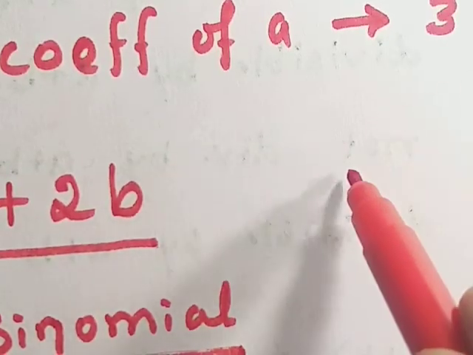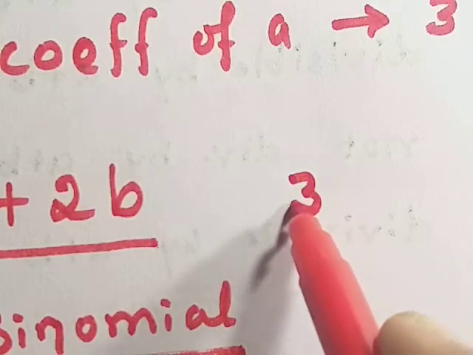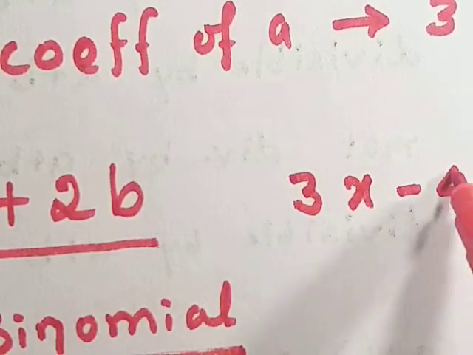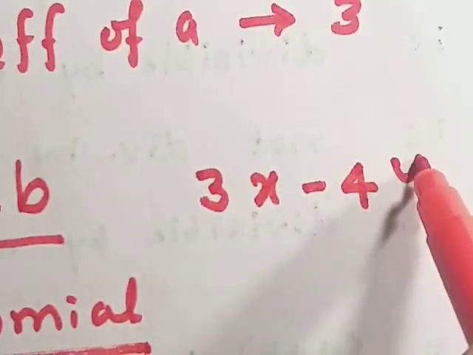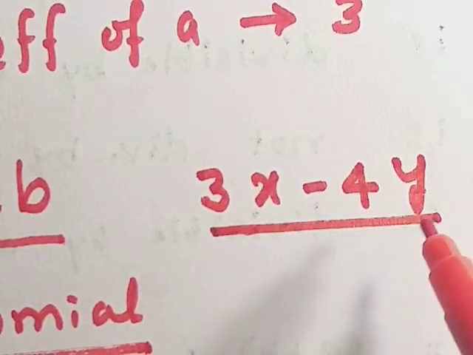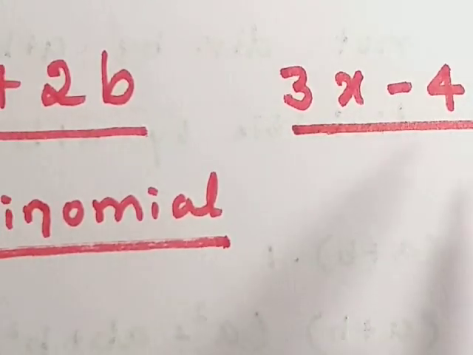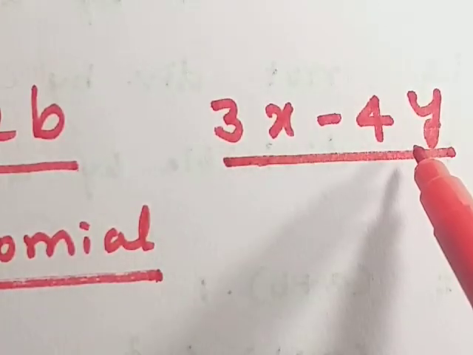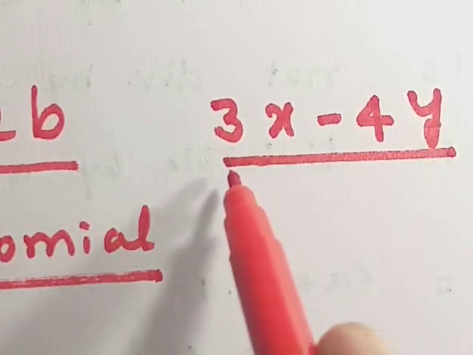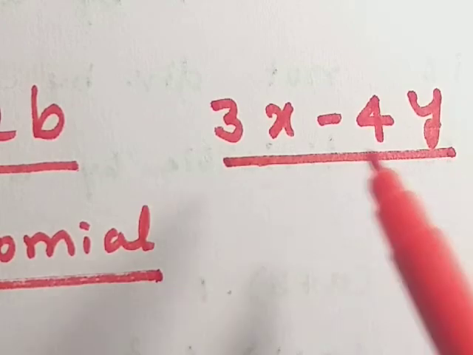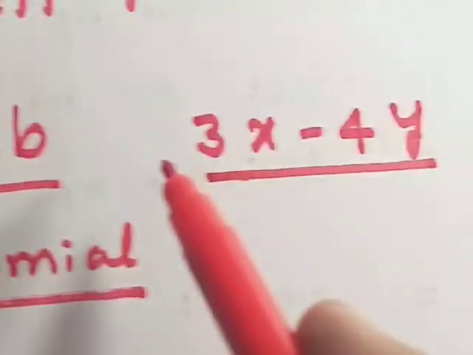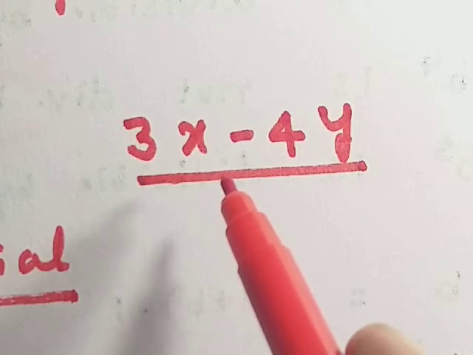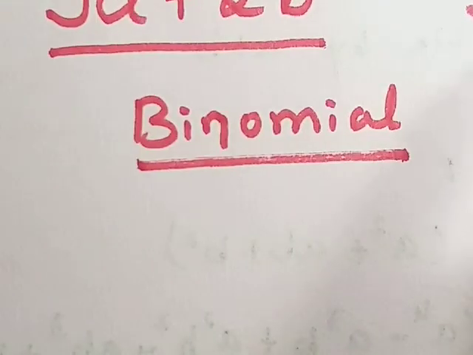Supposing we take 3x minus 4y, this is also a binomial because there are two terms in this. If two terms are there either with plus sign or with minus sign, we get a binomial.